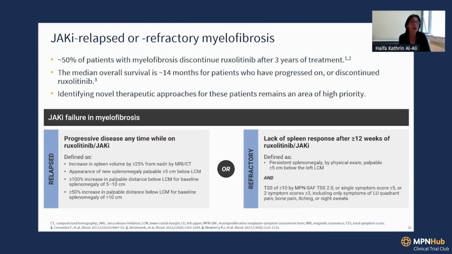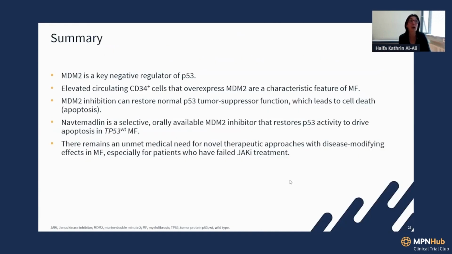With this, I come to my summary of the first part of the talk. Next slide, please. So MDM2 is a key negative regulator of p53. We know that stem cells in patients with myelofibrosis have an overexpression of MDM2, and that if we inhibit MDM2 in these cells, we could restore the p53 tumor suppressor function and induce cell apoptosis.